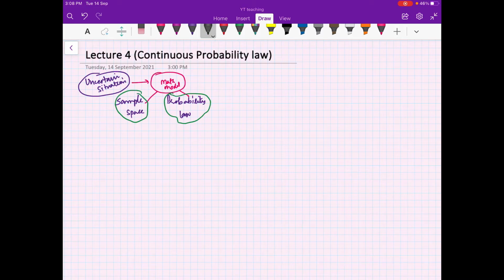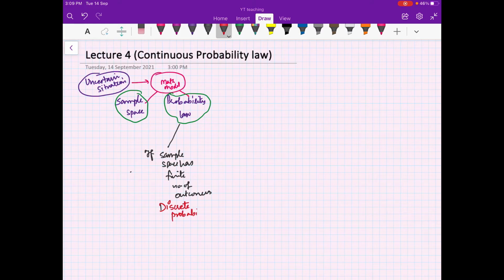And we saw that if the sample space has a finite number of outcomes, then in the last video, the third video, we saw how to define the probability law. For that we had the discrete probability law, which we discussed in the last video.